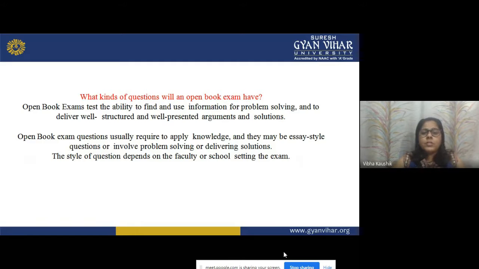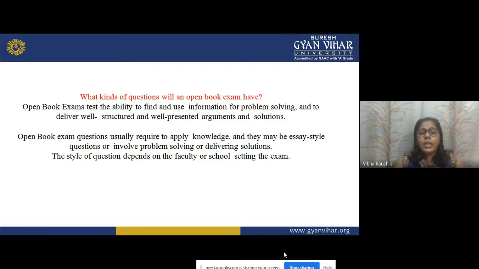What kind of questions will an open book exam have? Means what type of questions can be asked by the teacher when he is using open book exam for assessing your performance. Open book exam tests the ability to find and use information for problem solving.